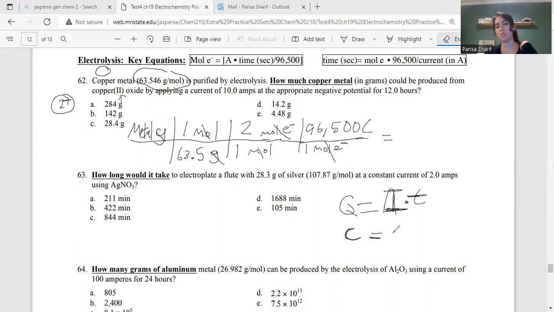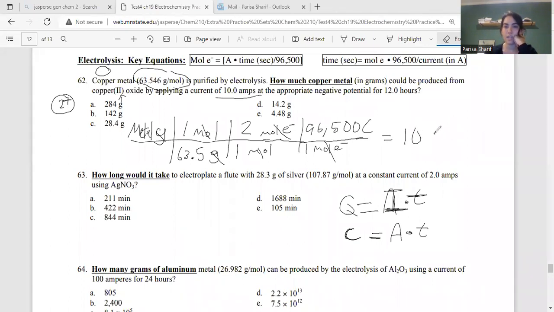And current, the units for it are in amps, and time is just time, we know it. So that means if we only end up with coulombs here, we can put it equal to amps times our time. So it said the current had 10 amps. So let's go ahead and put 10 in. And apparently it was running for 12 hours, so let's put that in too.